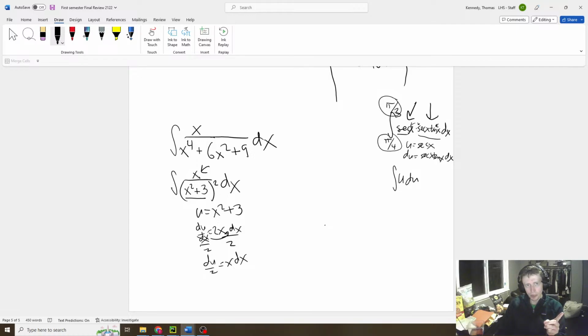Yeah, pi over 3. I'll be more careful when I pick these. All right, so anyways, if it's pi over 3 and pi over 2, then if I plug in the top bound, secant of pi over 3 is 1 over cosine of pi over 3. Cosine of pi over 3 is cosine of 60 degrees, so that's a half.